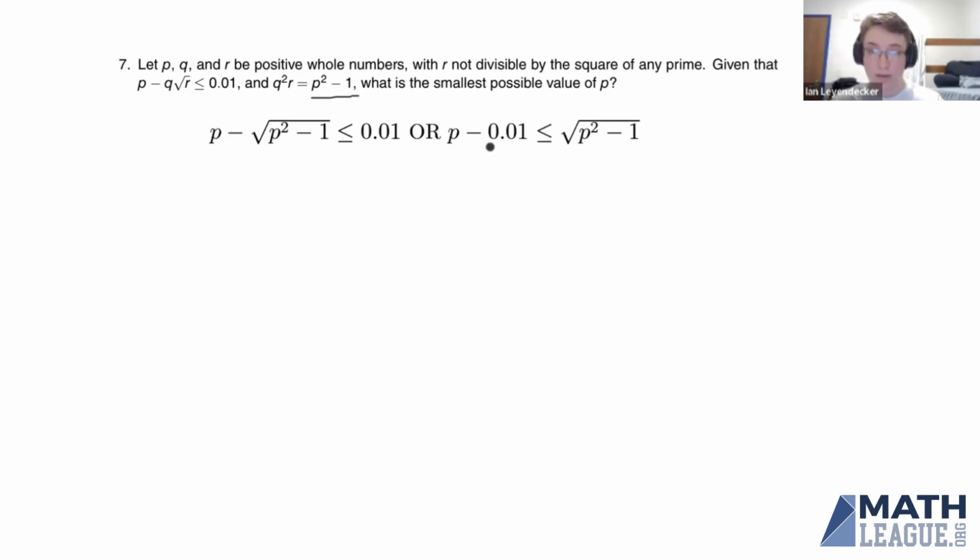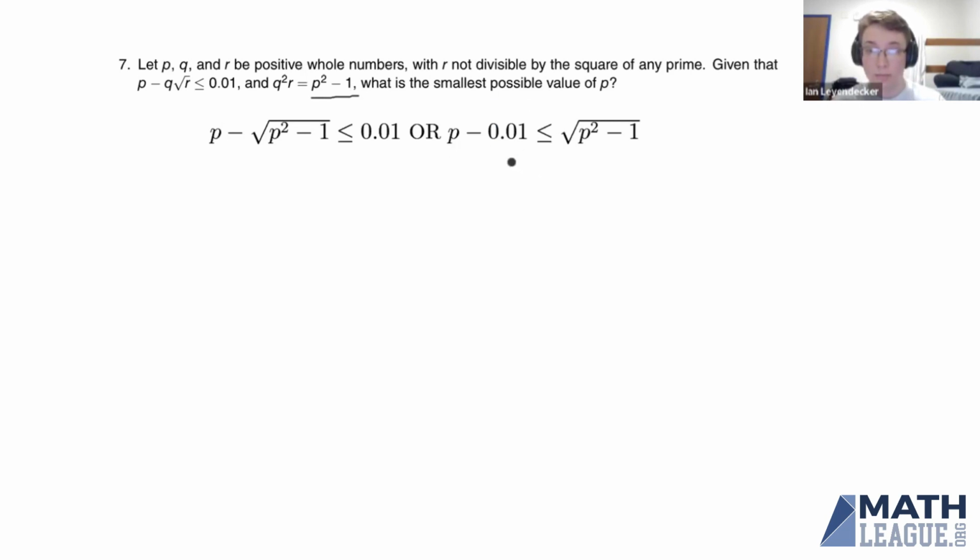And you should notice that since P is a positive whole number, P minus 0.01 also has to be positive, and the square root of P squared minus 1 is going to be non-negative. So since we know that both of these are not negative numbers, we will be able to square both sides of this inequality without having to switch the direction of the inequality.